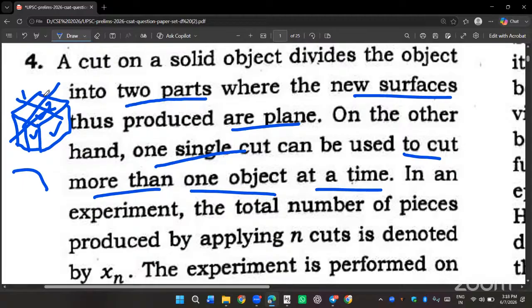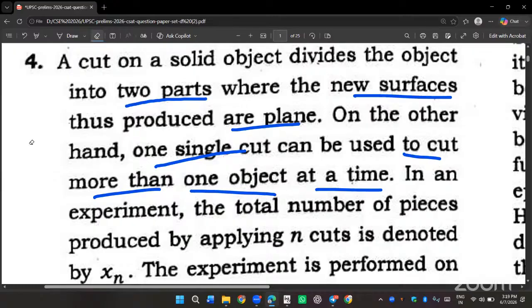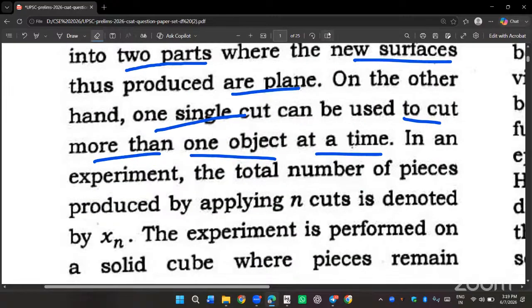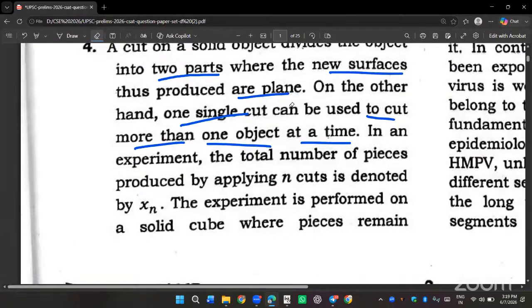I cut it. Now I cut it in this way. Now two objects are cut. That is given. So while reading the question itself, you have to write about it on the rough page only, not near the question. You should not mark anything near the question. Okay, that will amount to malpractice. Don't do that. Go to the rough page and do this.